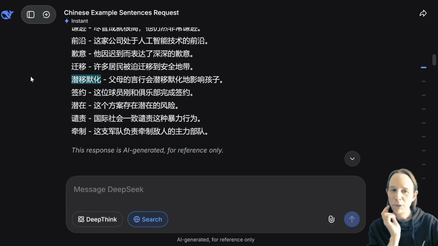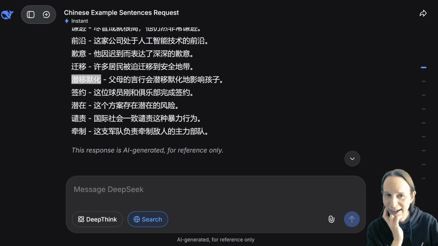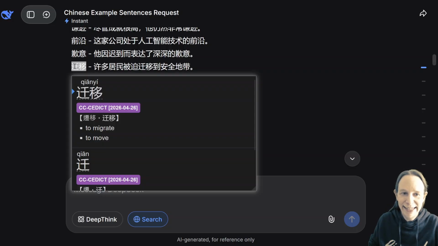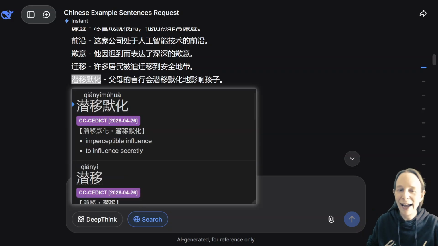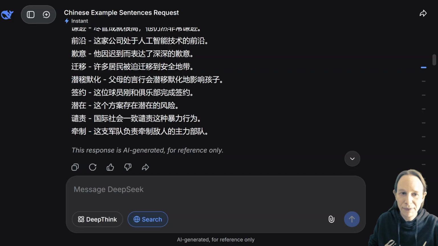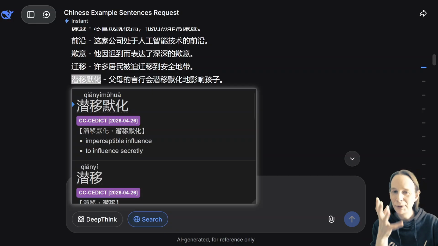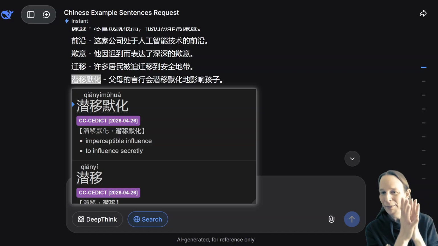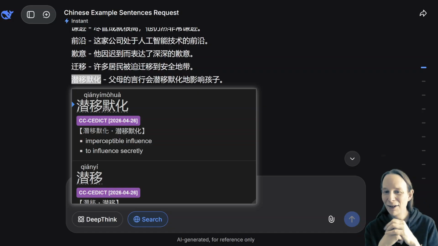Okay. This is 潜移默化. We talked about this. Yeah. So I mentioned 潜移 and then said 潜移默化, and I said it's a different character here. This is an imperceptible influence. So for example, your parents influence you, but they're not like going out of their way saying stand up straight, blah blah blah. Well, maybe they are.